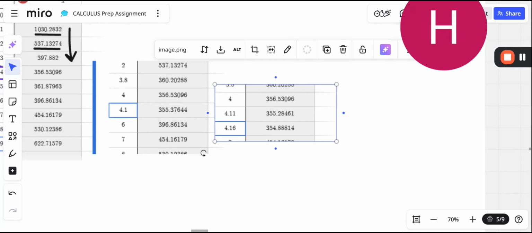And it just takes fiddling with DESMOS a little bit. Let's see, at 4.3 it's still going down. Let's see, 4.34. 4.34 seems to be the lowest. I'm sure you guys can find something even lower if you get a little bit more specific.